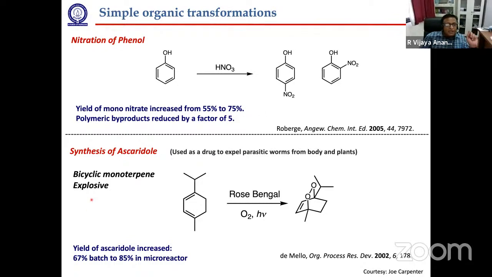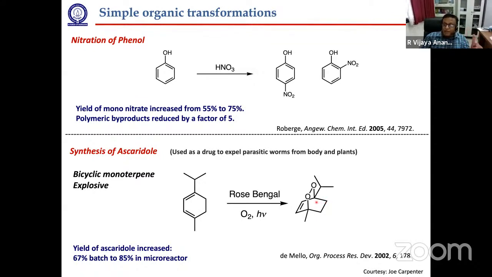And then another important thing, you can see this is the synthesis of ascaridole. This is basically a drug to expel parasitic worms from the body and plants. This is the structure of that, and this is a highly unstable compound, by the way. If you make this compound in a batch reactor, there will be some unwanted reactions because the compound is not stable, and also it is explosive.